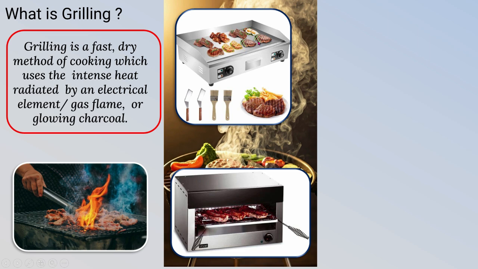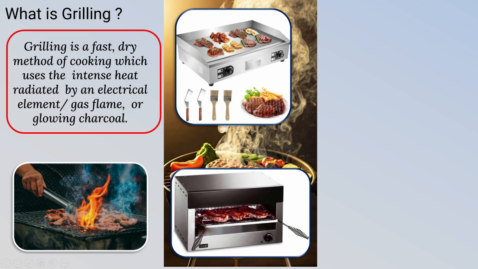It has two different kinds of surface. One is a little corrugated side, the other is a plain surface. It also has two temperature controls. On one side, normally, the temperature is very high, where the surface is corrugated, and on the other side the temperature is a little lower.